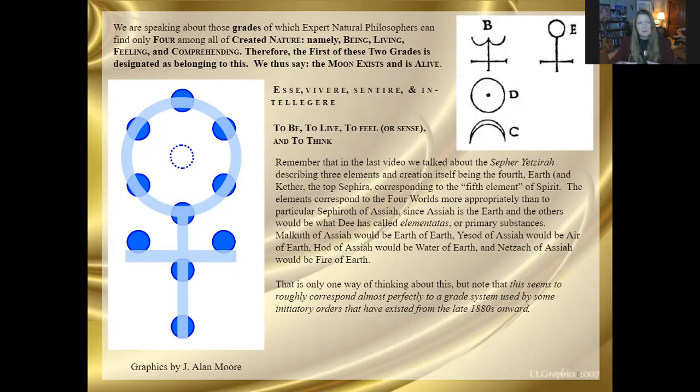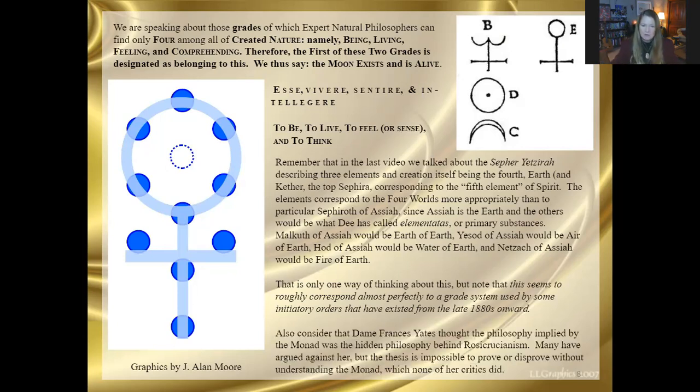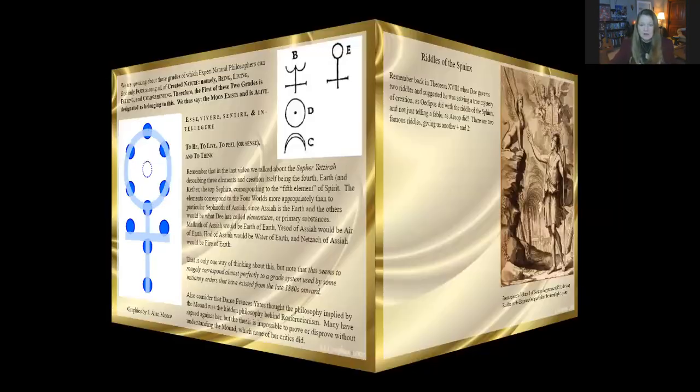So whoever wrote the Golden Dawn cipher manuscript, and there are many theories about that, but whatever person or persons did that, did they come up with the same thing on their own? They may have. Did they know the hieroglyphic monad? Well, they certainly must have, because the only known source of the signs of the adept that are later used, as we've talked about, is the Monas Hieroglyphica. And I've already mentioned this about Frances Yates and her saying that the symbol of the hieroglyphic monad implies the whole philosophy of Rosicrucianism. All right.